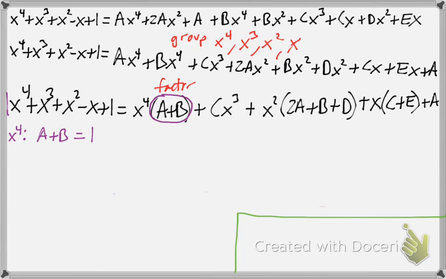I have a C that's being multiplied by the x cubed, and I have a 1 in front of the x cubed. Then I have 2A plus B plus D with the 1.